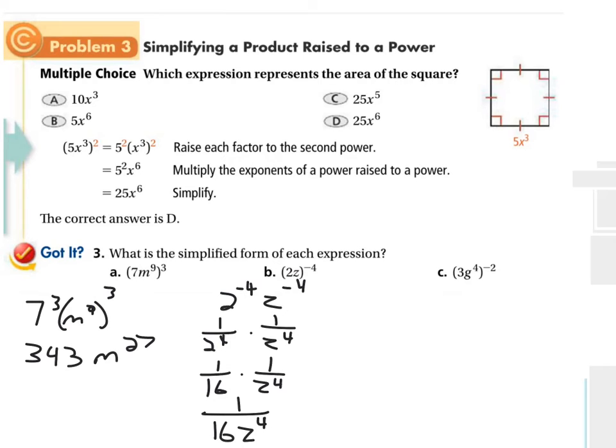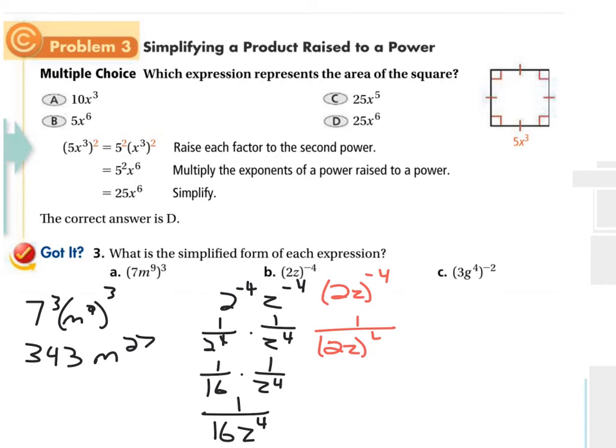Another way you can do it, I'm going to do it over here in red, would be to take this 2z to the negative 4th, which is what they gave us. I could also apply that negative to this base and move it to the bottom, and then we have 1 over 2z, still in parentheses, all raised to the 4th power.